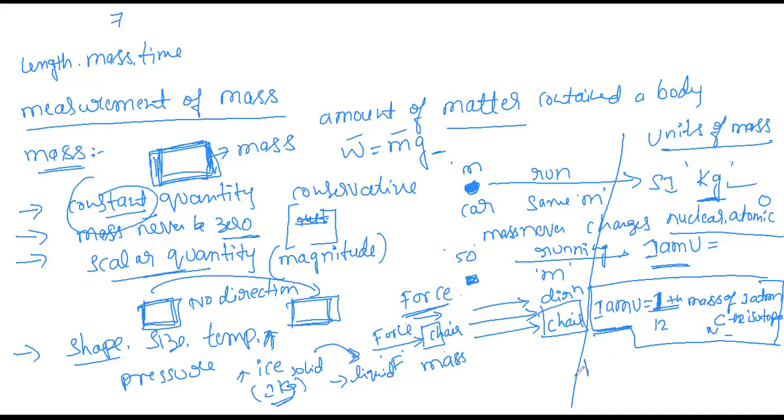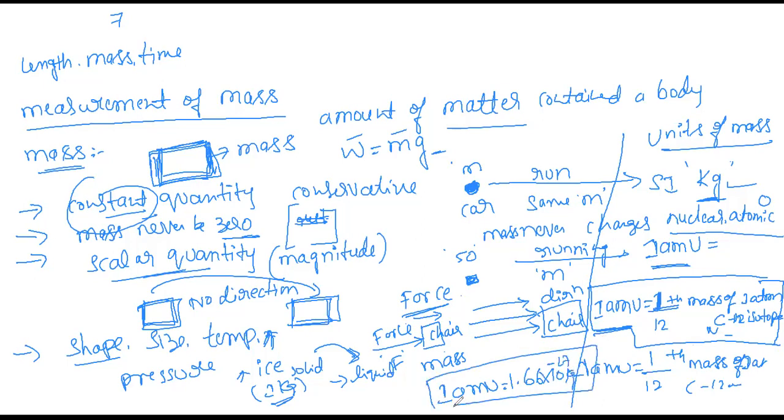That is, 1 AMU is equal to 1/12th the mass of one atom of the carbon-12 isotope. Therefore, the value of one atomic mass unit is equal to 1.66 into 10 to the power of minus 27 kg.